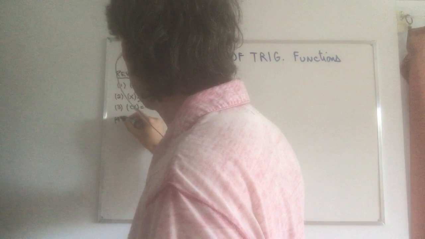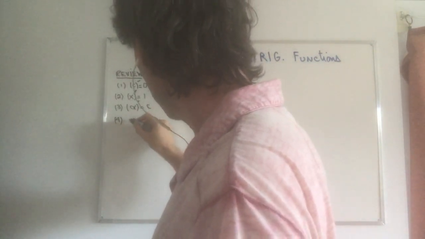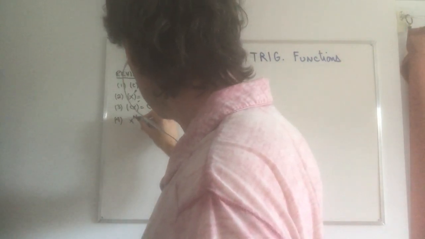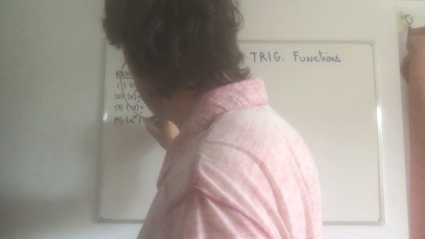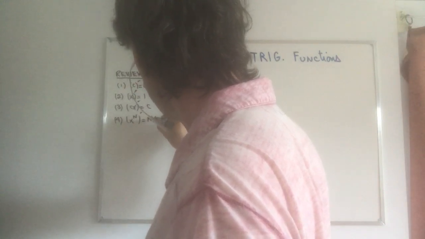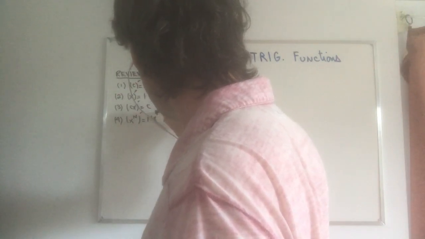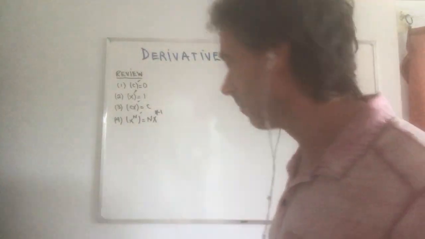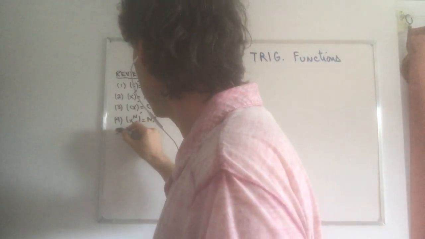Number 4, what if we actually put an exponent on the x? What is it that we get? Well, yes, we bring the n in front and we subtract 1 from the exponent. We know that.